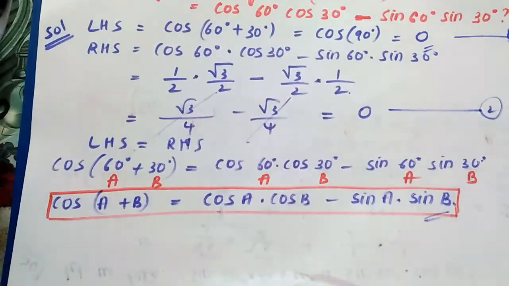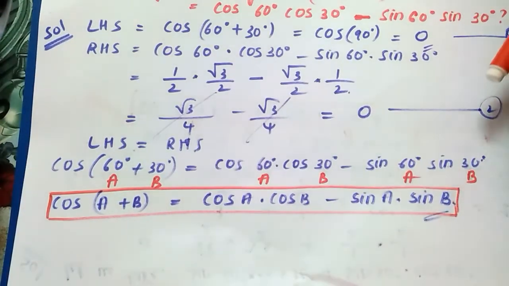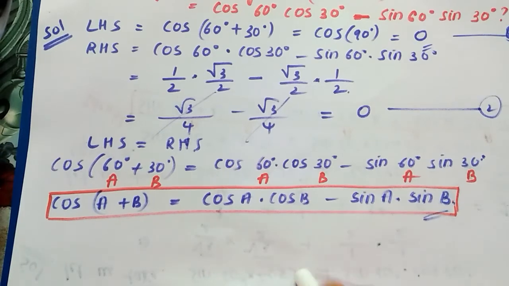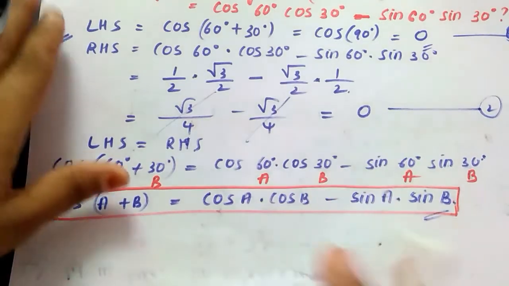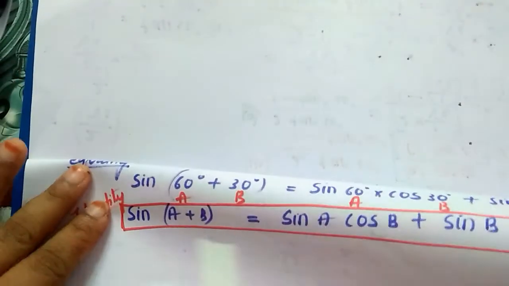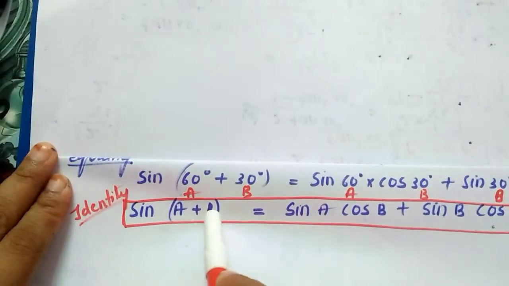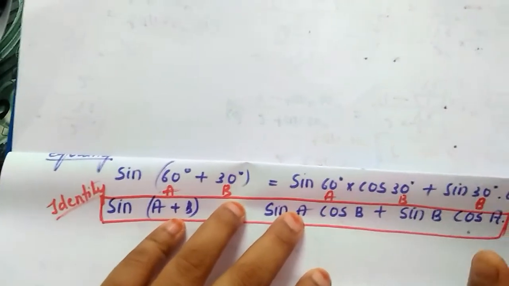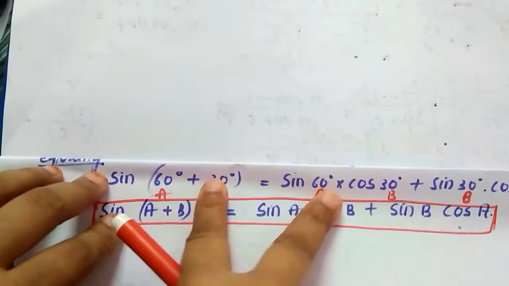Like I already said, we have the identity of A plus B the whole square is equal to A square plus 2AB plus B square. The same thing, trigonometric ratios also have some identities. One is what we have just got in the previous problem: sine A plus B is equal to sine A cos B plus sine B cos A. We have already proved that.